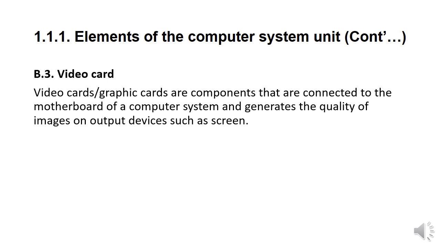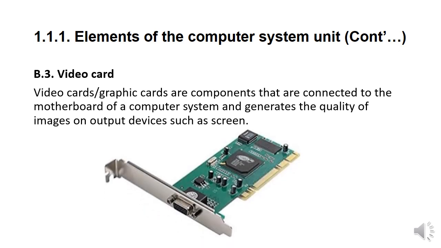A video or graphic card is a component that is connected to the motherboard of a computer system and generates the quality of image on output devices such as a screen. As we have said, computer screens or monitors are used to display videos or images. A computer without a video card cannot perform this job. So this is the picture of a video card.